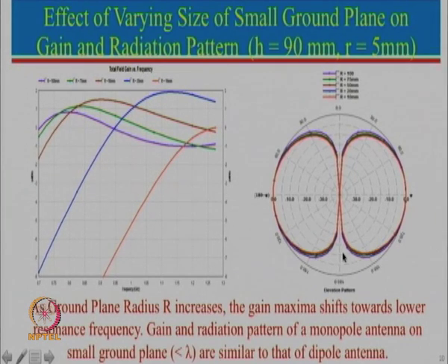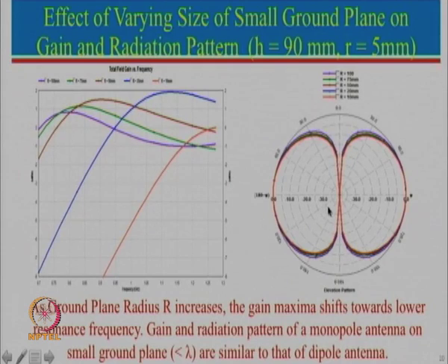I have divided the radiation pattern into two categories. One category is where the ground plane size is less than lambda. If it is less than lambda, you can see we have plotted the radiation pattern. The radiation pattern of a monopole antenna almost looks like the radiation pattern of a dipole antenna. So that is where my point is.